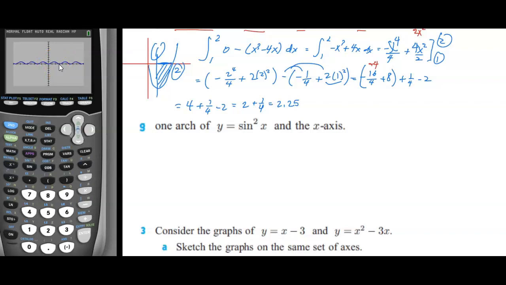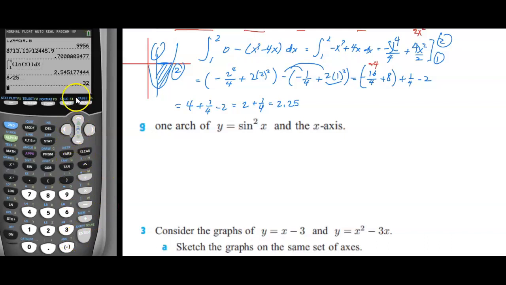So I just need to find this point here. This is obviously 0. Let's find this point. Second, calc, zero. And so then I'll put the left boundary here, and I'll put the right boundary here, and we'll find when the arch touches the x-axis.